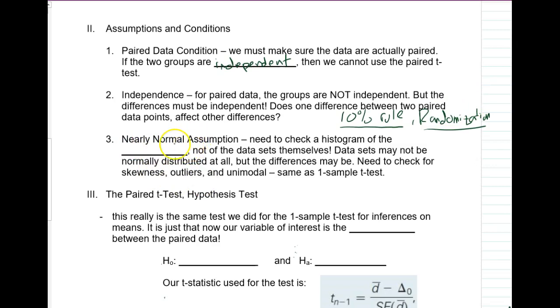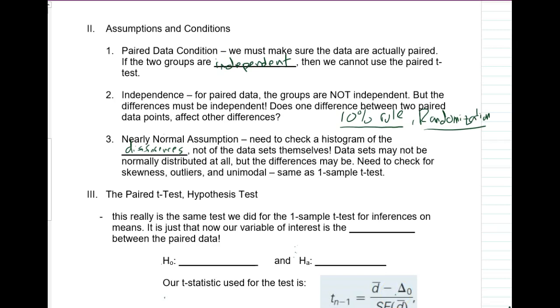In this case, what we would have to consider is a histogram of the differences. For paired data, we are not at all interested in looking at a histogram of the two data sets themselves. That's of no interest. We just want to know, are the differences approximately normally distributed?